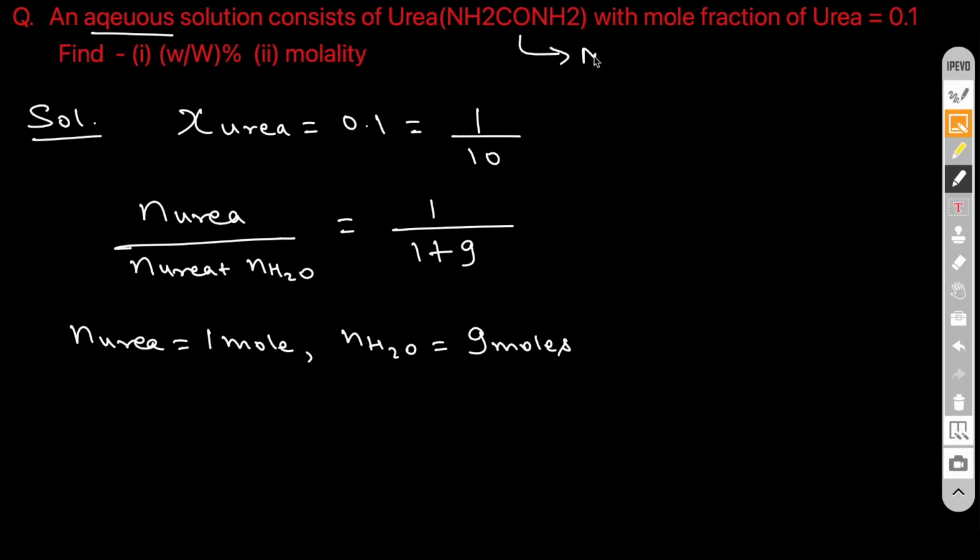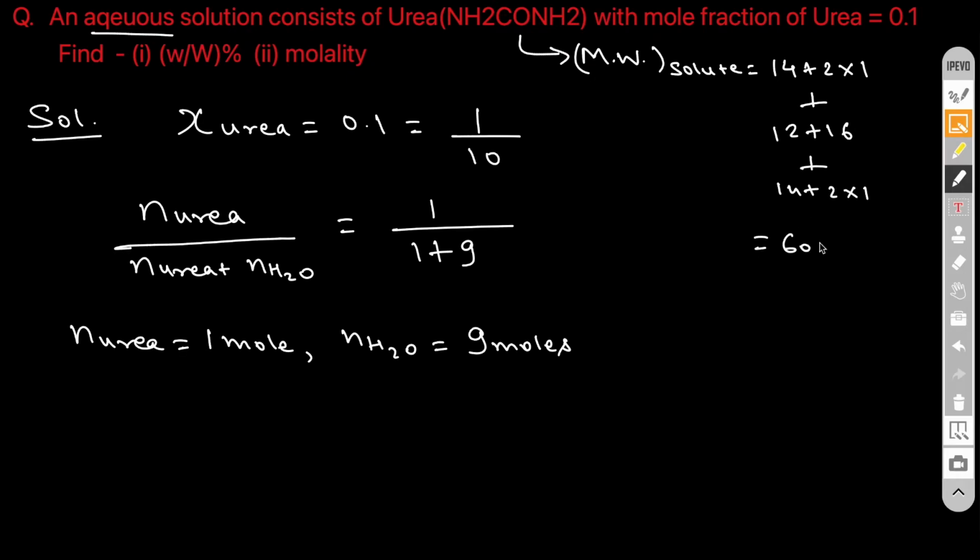Now here we are given urea, NH2CONH2. The molecular weight of urea, which is the solute here, is 14 plus 2 times 1 plus 12 plus 16 plus 14 plus 2 times 1. It will eventually come out to be 60 gram per mole.